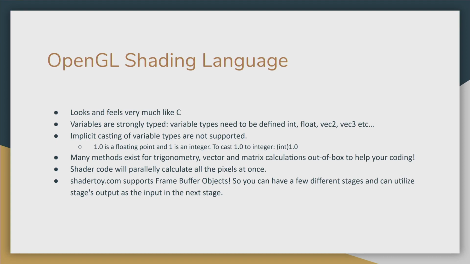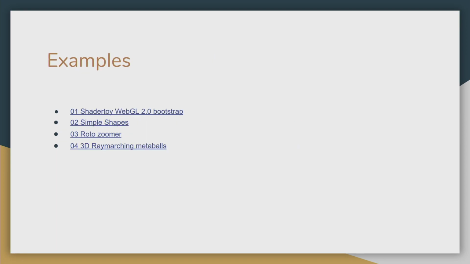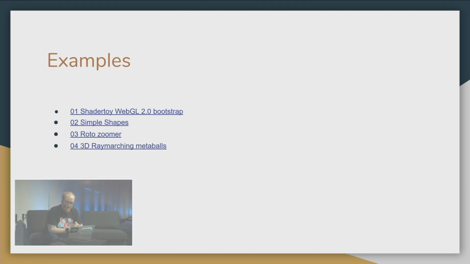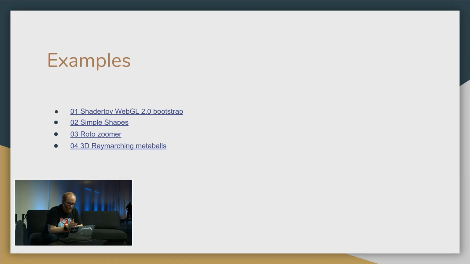So basically you can use that if you need to know your pixel values later on. And that's about a quick introduction to Shadertoy and OpenGL or WebGL, and I will now show a couple of examples that I have done to illustrate more about the shader code.